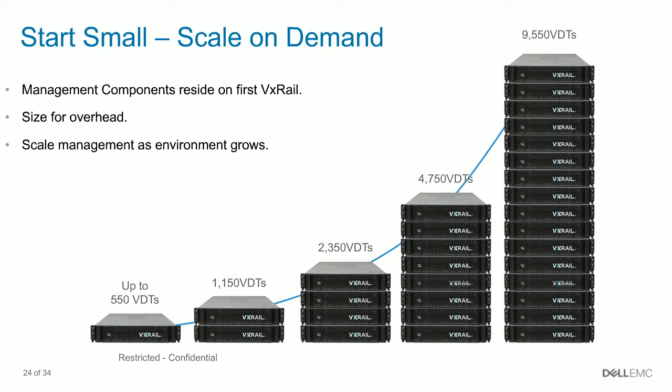This image is just to show the linear scale of VxRail. The numbers there, like 550, depend on your VM size, so that would change depending on your profile. We have 1 CPU 2 gig for our task workers, 2 CPU 3 gig for our knowledge workers, and 2 CPU 4 gig for our power workers, and scale accordingly.